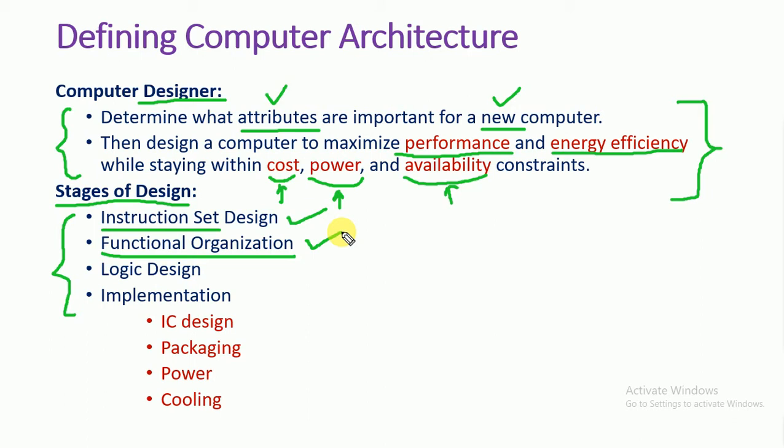So they need to go for a functional organization of how these different elements are organized within the computer system. We need to consider which element comes first, which element is connected to a second element, and how the different ICs and pins are connected. All the structures regarding the functional ordering of the elements must be decided during the second stage, which is called functional organization.